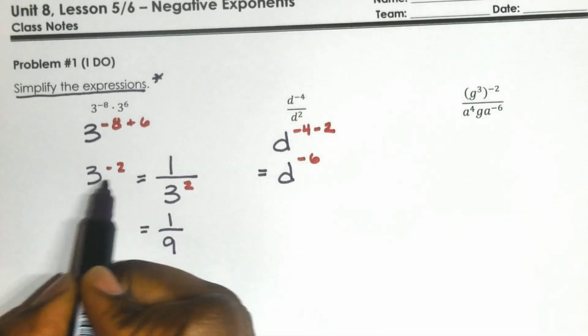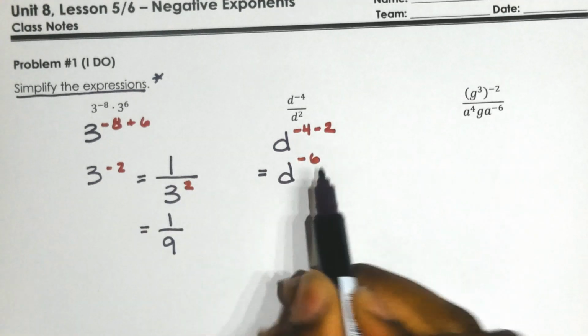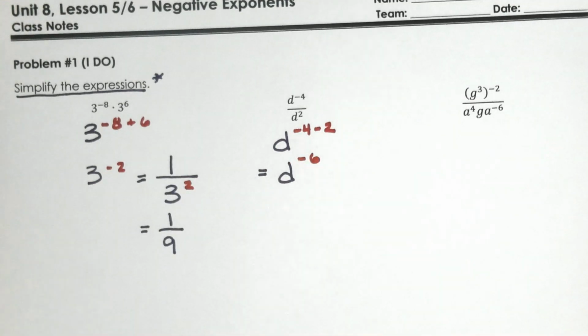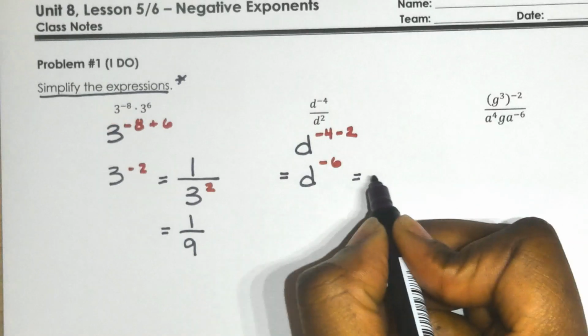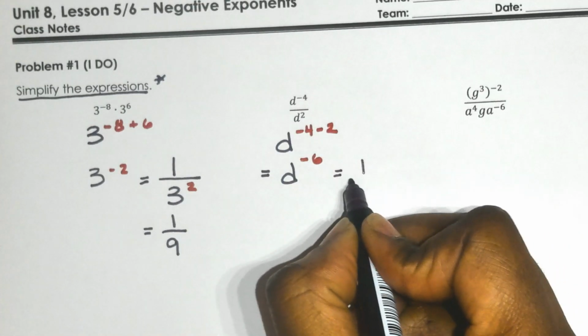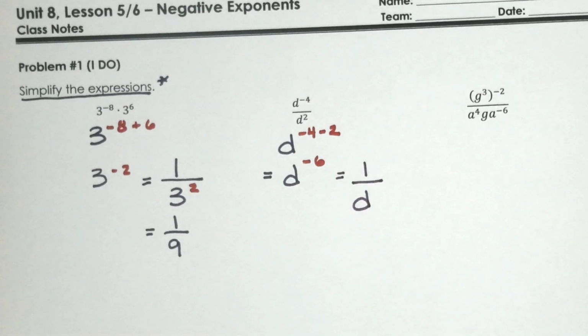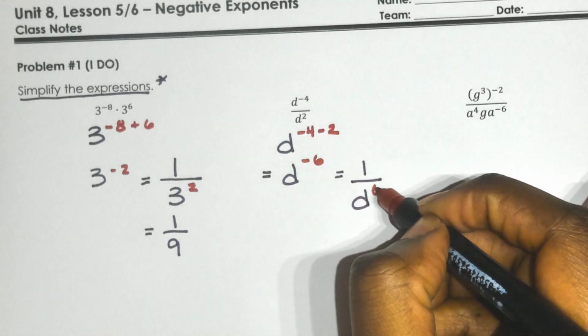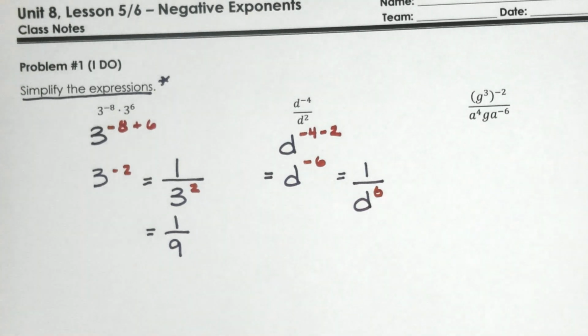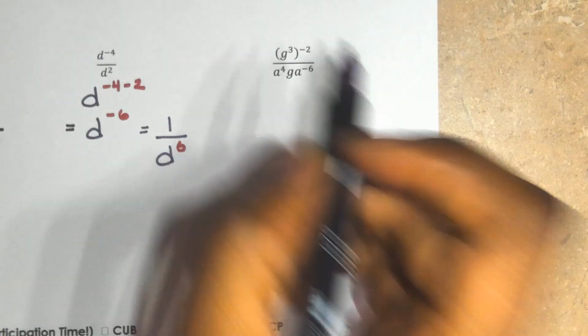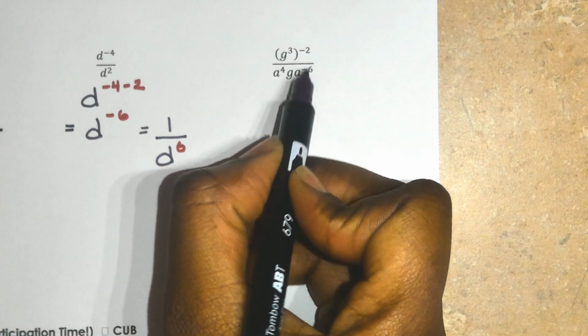Alright, and again, I'm going to do the same thing, rewrite this as an equivalent expression with a positive exponent by keeping the base, changing the sign of the exponent, and flipping or taking the reciprocal of the number.